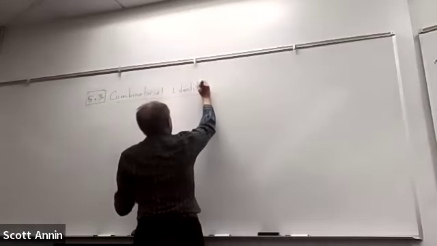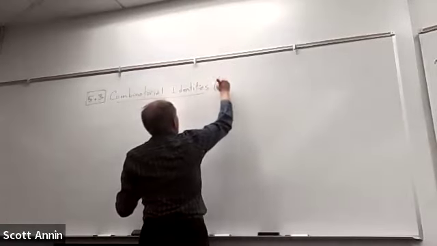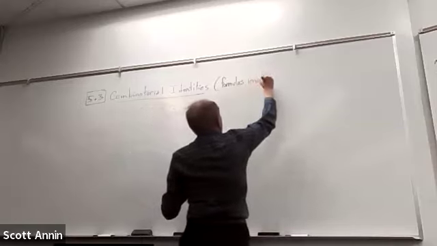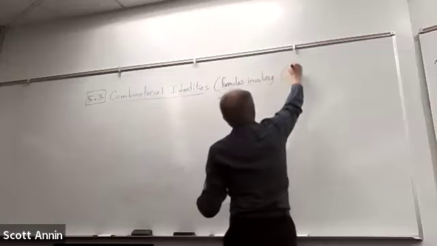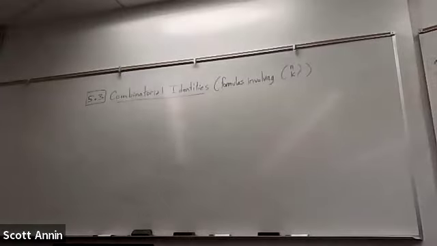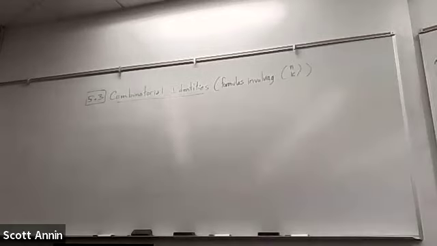So when I talk about combinatorial identities, these are going to be formulas involving n choose k. The binomial theorem is a great example of one such formula, along with all of these applications of it. But there are, of course, a lot of others.